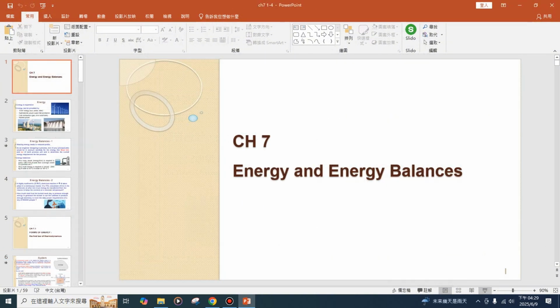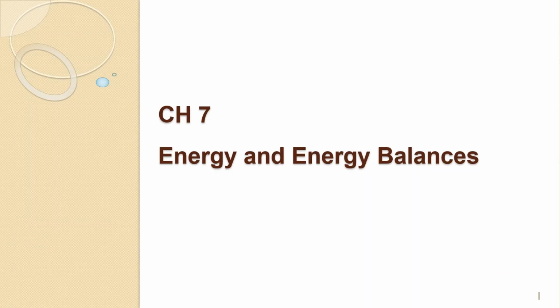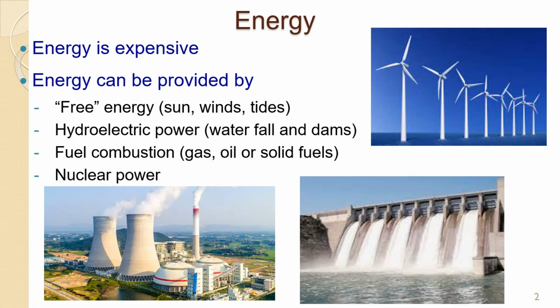And today we are going to talk about energy and energy balances. From chapter 4, chapter 5, and chapter 6 is regarding the mass balance. But for the energy balance, we are going to talk in chapter 7, chapter 8, and chapter 9.